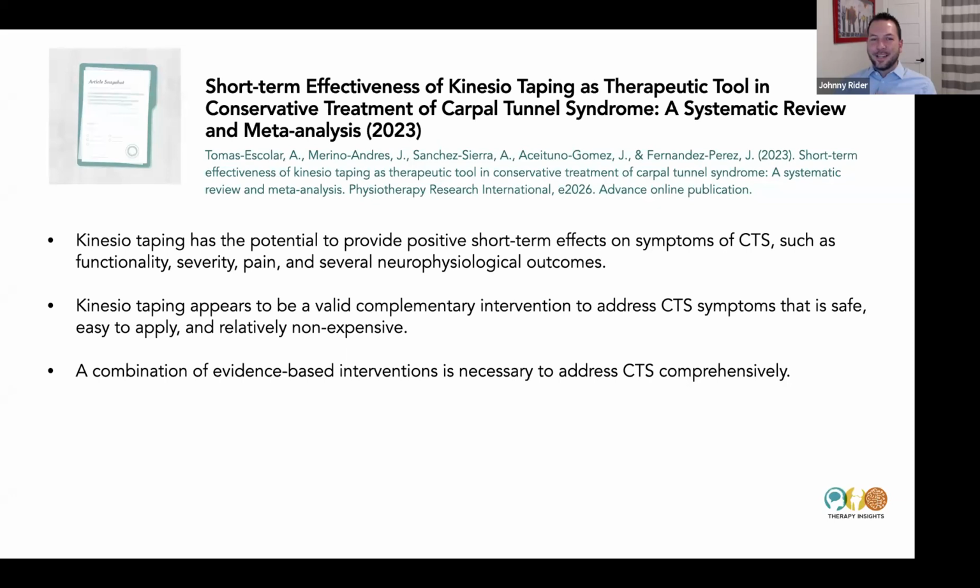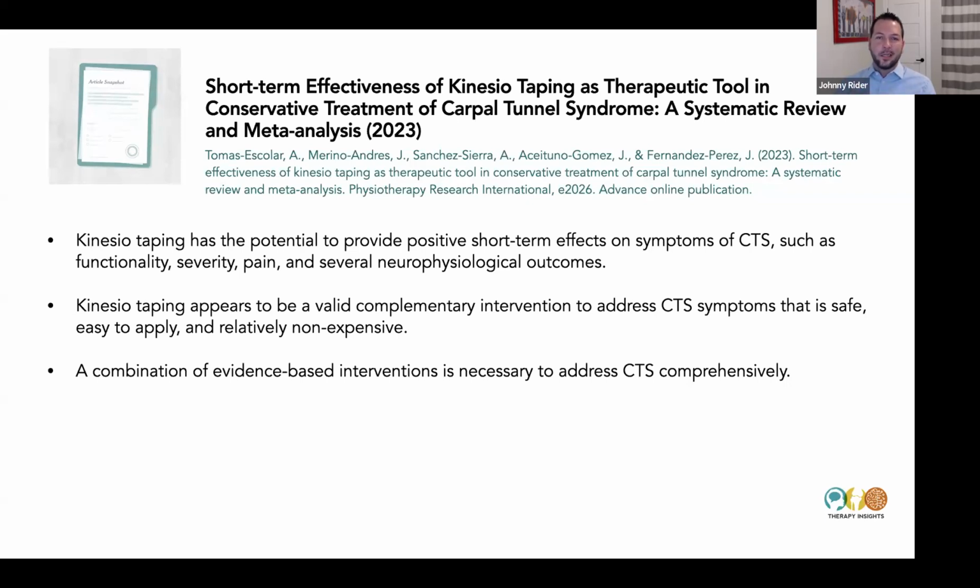Yeah, I figure since we're talking about median nerve injuries, we can look at some evidence, and this is very recent. Sometimes it's hard to read systematic reviews and meta-analyses, and so we shy away from that. But this was just published this year, and it gives us a lot of good information. Kinesio tape application is something that a lot of occupational therapists don't get training on in entry-level education, but I think a lot of us then get some advanced training or pick it up along the way.